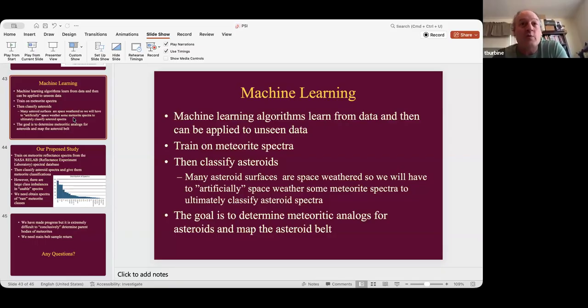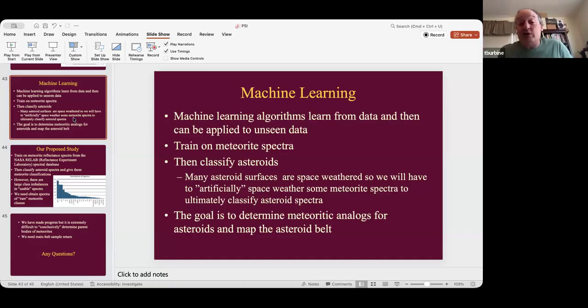That's the problem, is we want to see can we get it to work for the meteorites first, and then we're going to have to put in what I don't want to use the word fake, but artificial asteroid spectra, because there's a substantial difference in the reflectance of the meteorites and the asteroids that you can't directly compare them, because the asteroid surfaces have been affected by the space environment, the higher energy particles, the impacts.